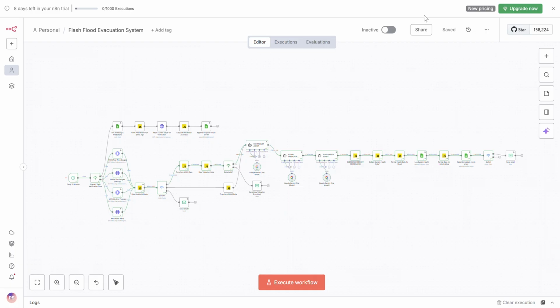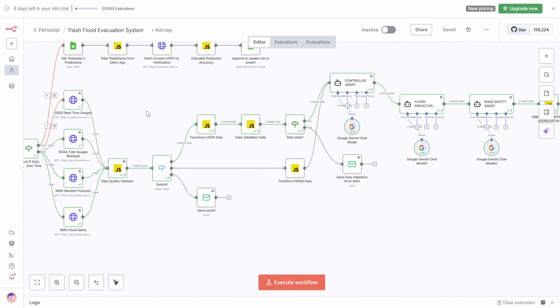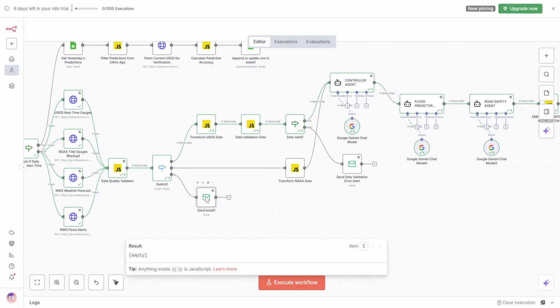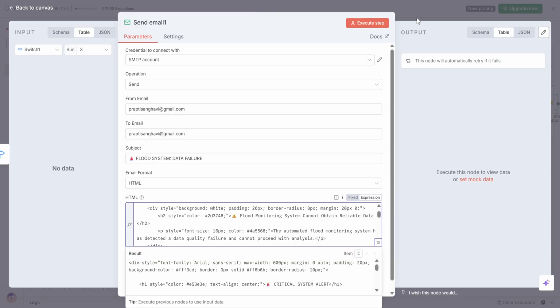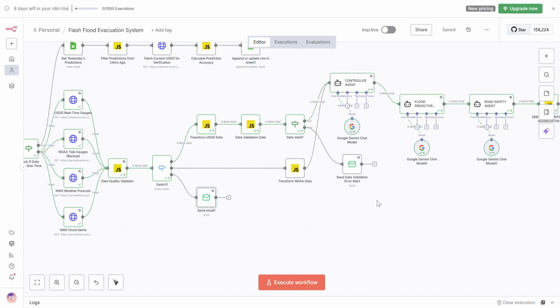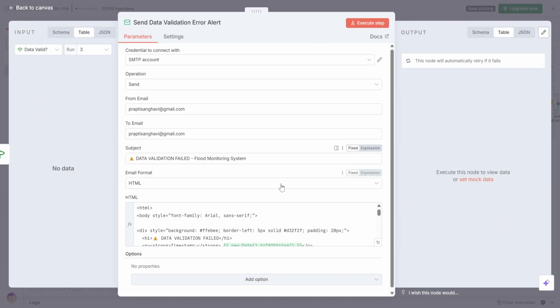So this is how we do it. In the worst case condition, if we are not able to collect data from the USGS because that is our primary source that we are considering, then an email would be sent that we are not able to collect the data. This is the critical system alert: the flood monitoring system cannot obtain reliable data. So the email would be sent out. And here also, if it's false, then send a data validation error alert.